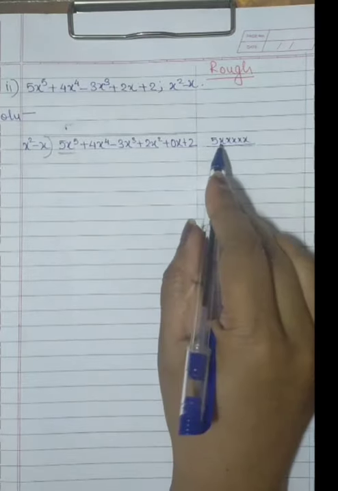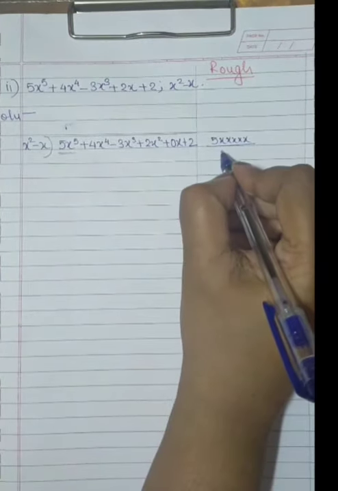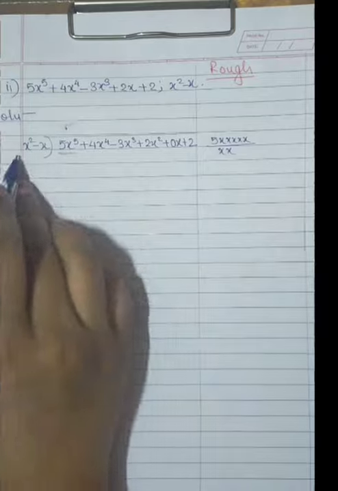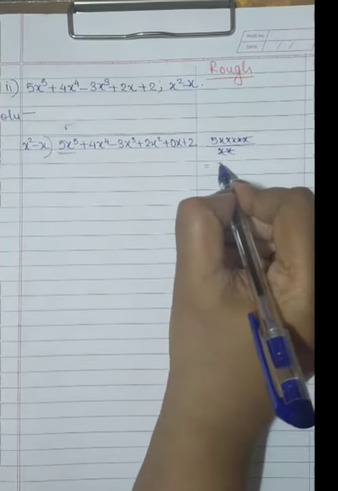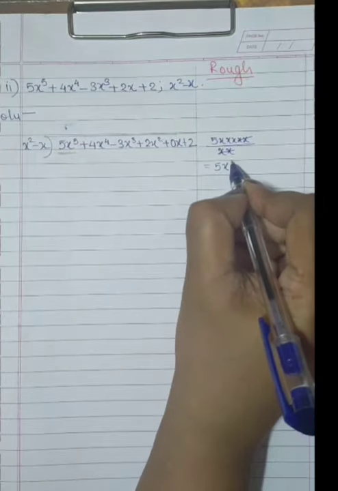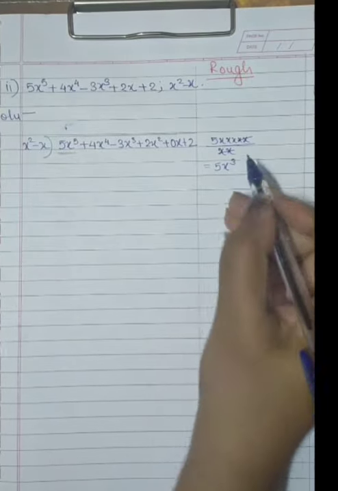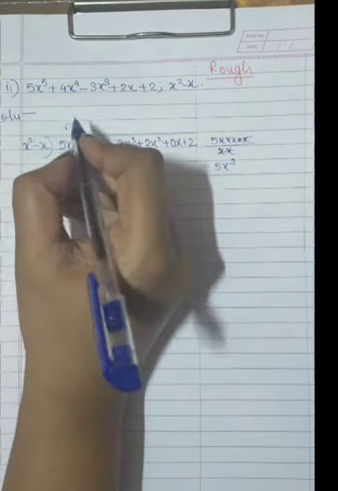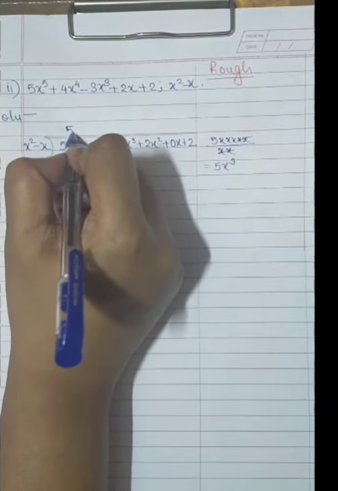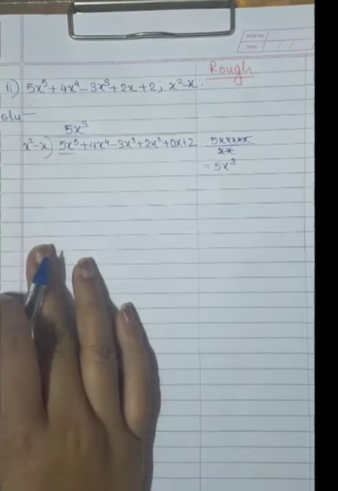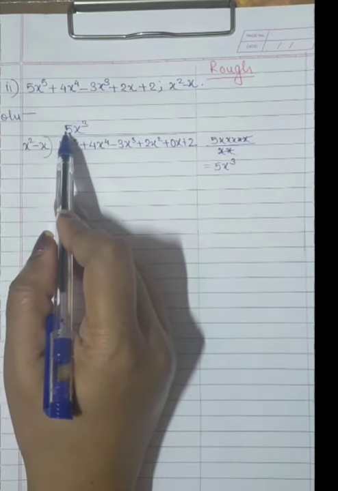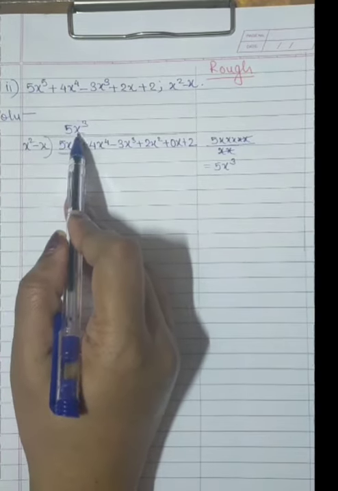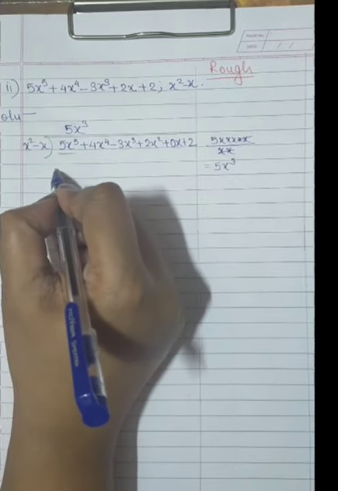Again, up and down 2x will come because it is x², then this 2x will cancel and we will get 5x³. So here I am writing 5x³.